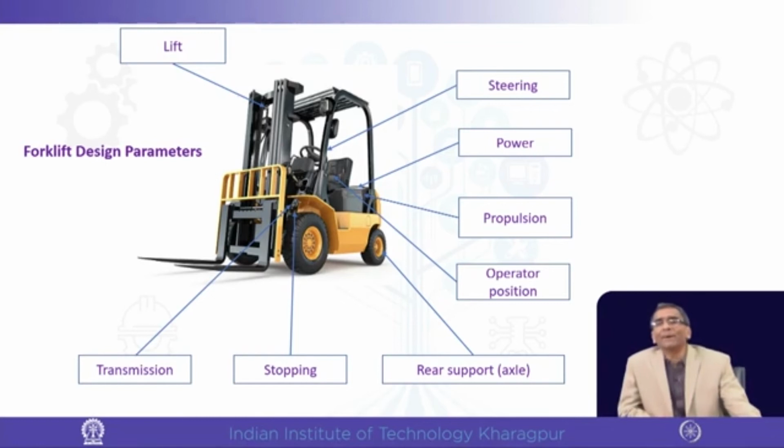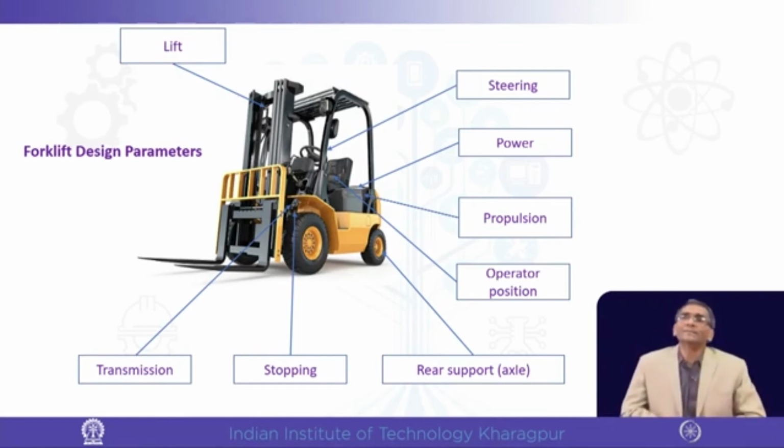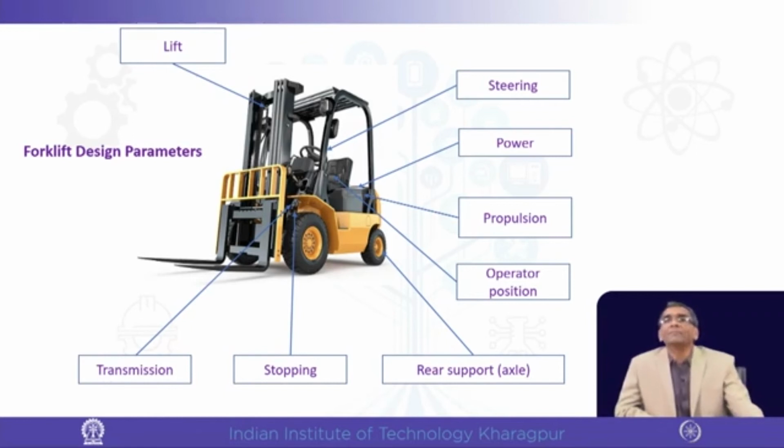This is an example, by no means exhaustive, but these are the parameters that we have: lift, steering, power, propulsion, operator position, rear support, stopping, transmission. Suppose these are the 8 parameters we have chosen for a forklift. We will see how this concept design method is built and created.